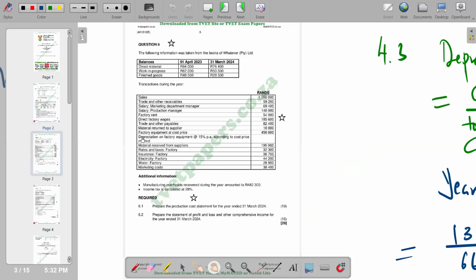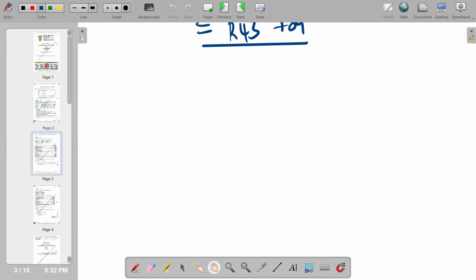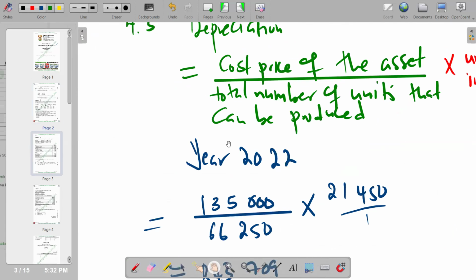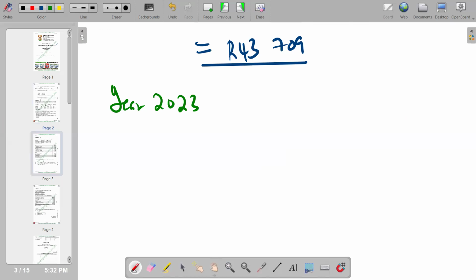We go to the next part, whereby now we are in year 2023. Our numerator is the cost price of the asset over the total number of units that can be produced, which is the same as in year 2022, 135,000 over 66,250.